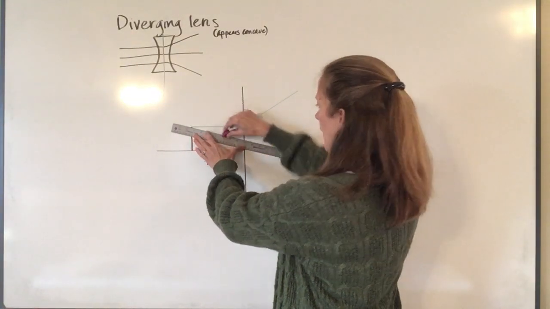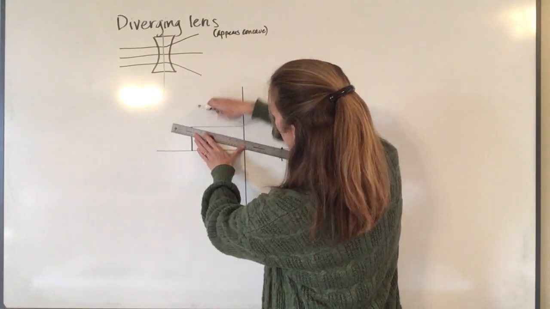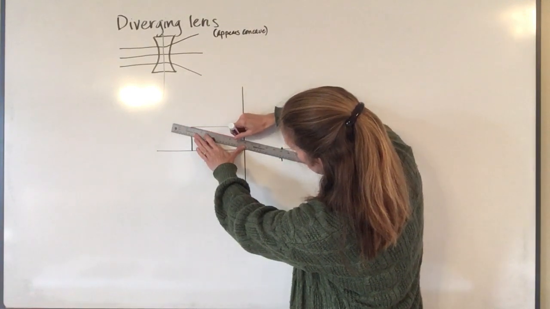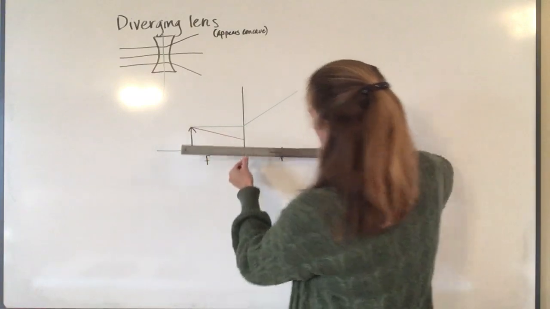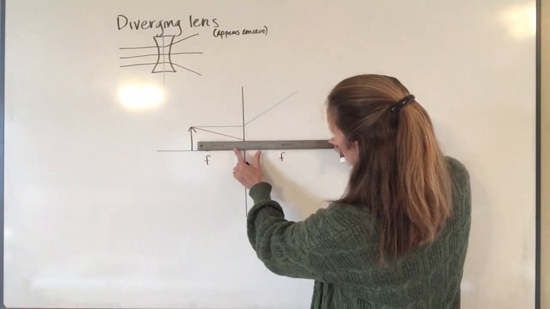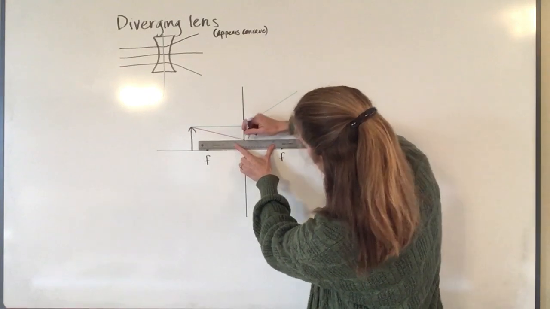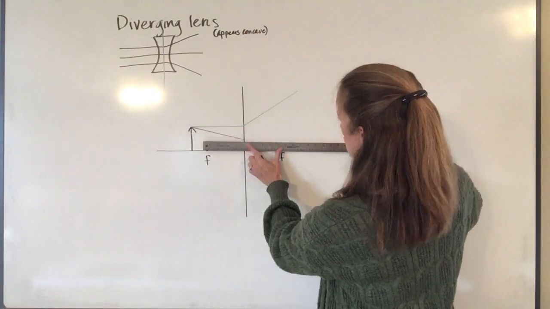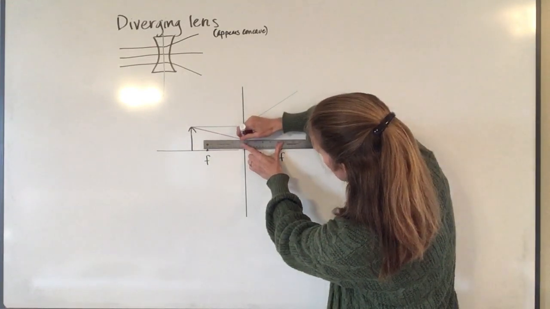So when I do that, I'm going to draw this down this direction as if it's going to go through this focal point on the other side. And then when it actually goes through, it's going to come off horizontal, like that. Whoop, that didn't show up, did it? I must have drawn it straight on the ruler. Let's try that one more time.